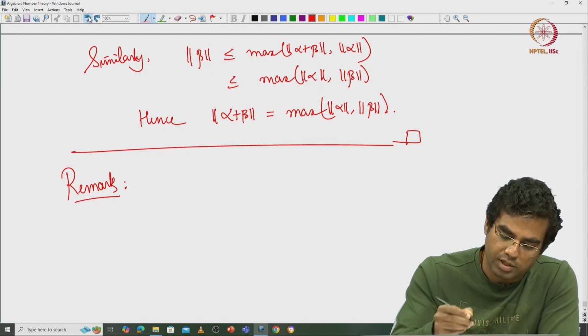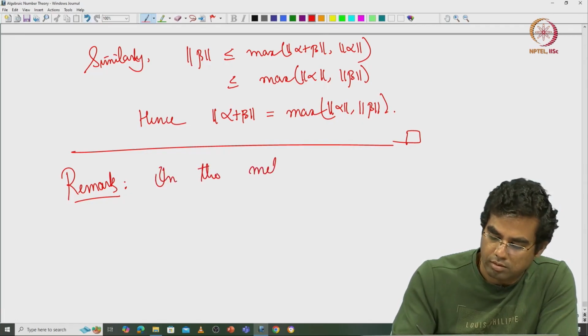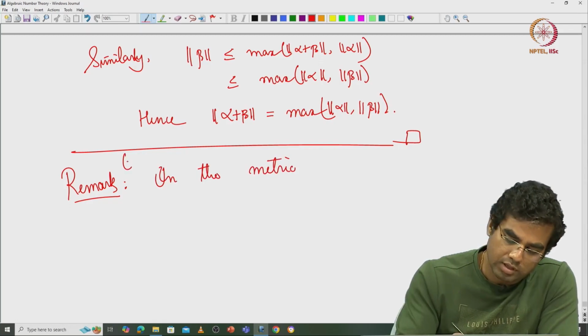In the metric space, maybe you can take this as an exercise if you haven't seen this before.